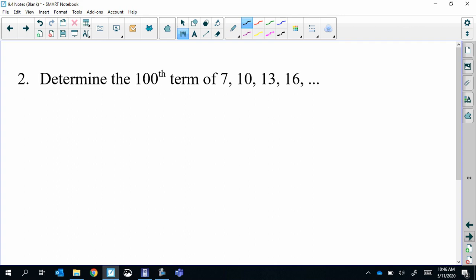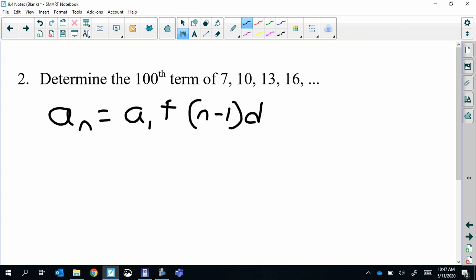To determine the 100th term, we're going to use that formula. We could do it either way, so I'll show both ways. The first formula that we had written was written this way. We need to know the first term, how many terms, and d. Looking at this, we can see that d is going up by 3 each time. We also see that a1, the first term listed right there, is 7.